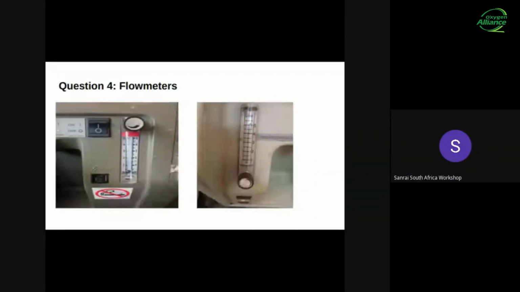Indeed, a flow meter is an important component of an oxygen concentrator because it tells you how much flow of oxygen you are getting from the concentrator, and it measures the flow in liters per minute. You cannot use the concentrator without the flow meter since you will not be able to know how much flow you are getting.